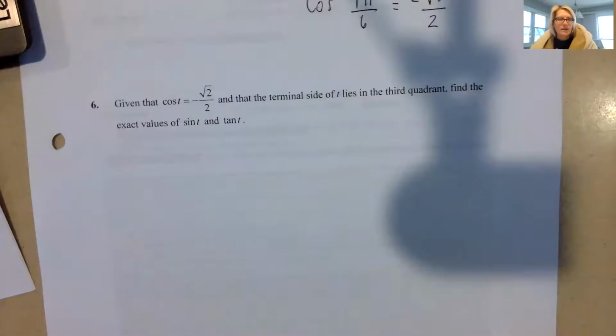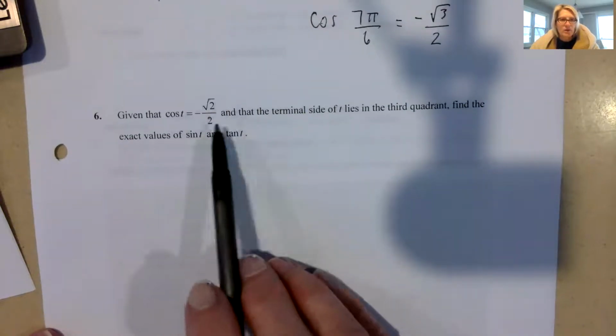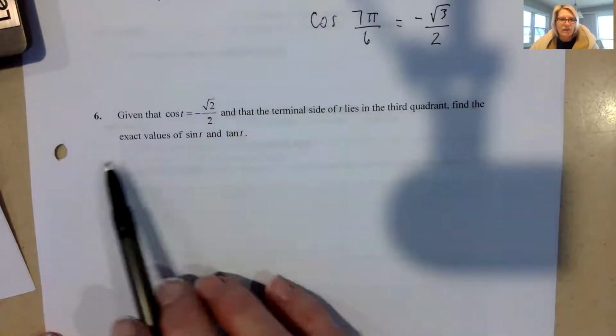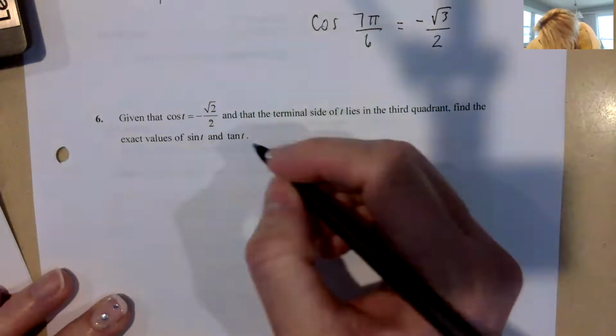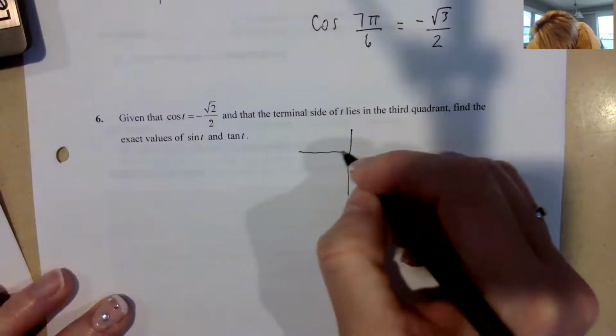Number 6 says, given that cosine t is a negative square root of 2 over 2, and that the terminal side of t lies in the third quadrant, find the exact values of sine and tangent. Okay, so let's just draw this. It's in the third quadrant here.